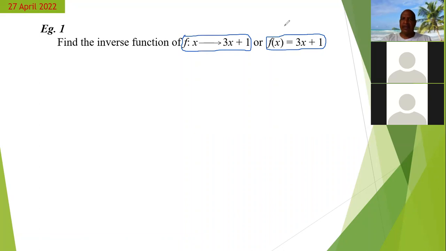All right. So now, if we are to find the inverse of this function, and I'm working with the notation on the right, there are some steps that we have to go through. Anybody remember the first step? What is the first step?